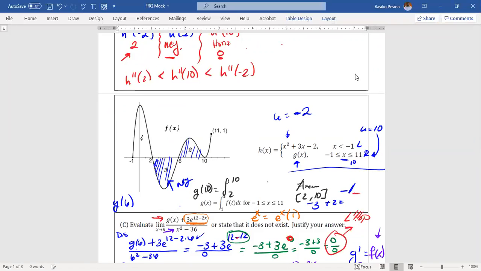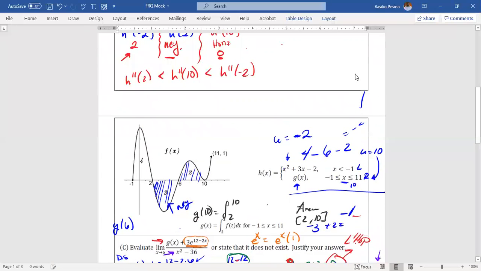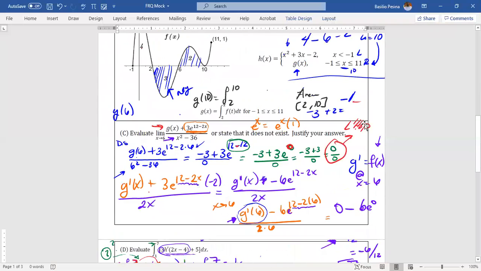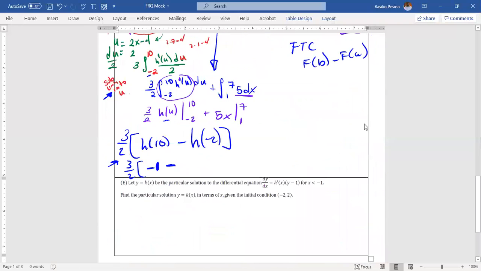So it looks like it's going to give me 4 minus 6 minus 2, right? Because 2 squared is 4, 3 times 2 is 6, but it's negative, minus 2. So it looks like it's going to be negative 4? Yeah. So minus a negative 4. Okay, all of this is fine. So we have 3/2 times the quantity -1 minus a negative 4. So what does that give me?